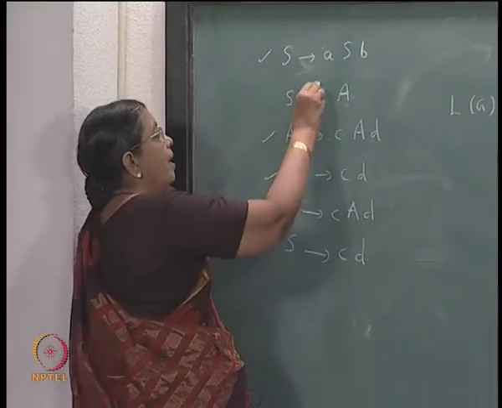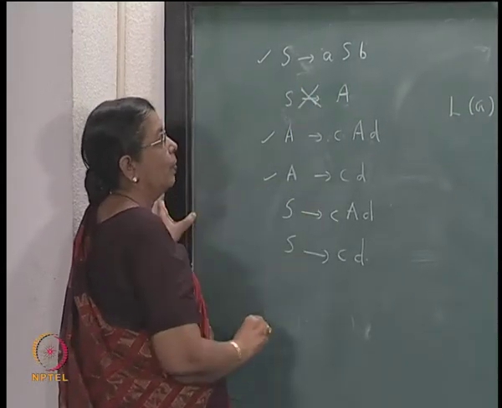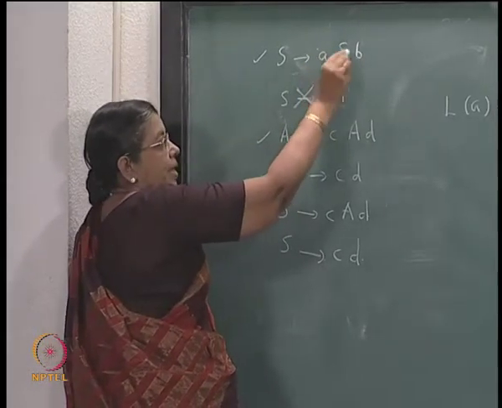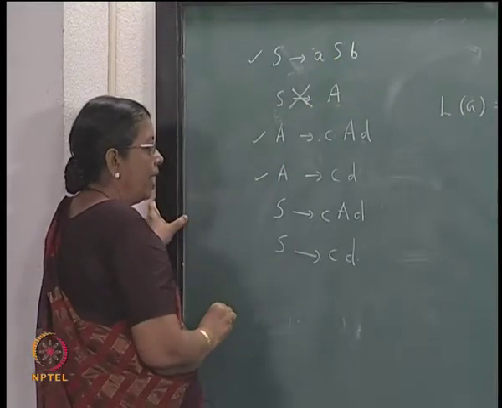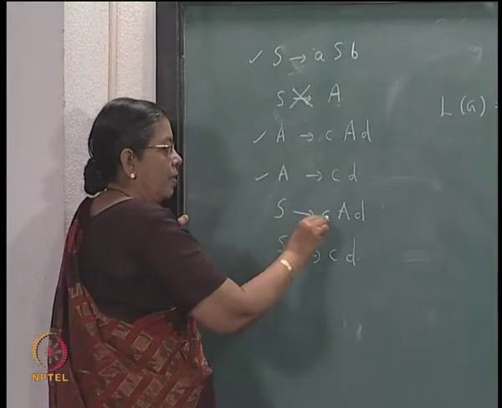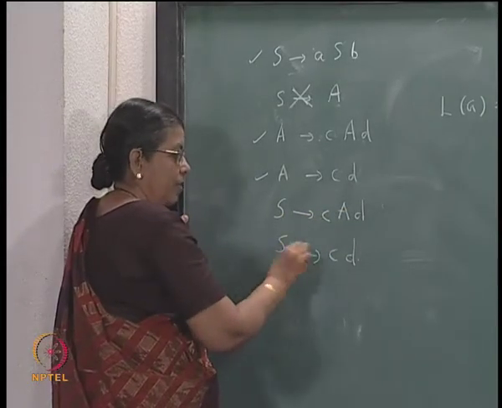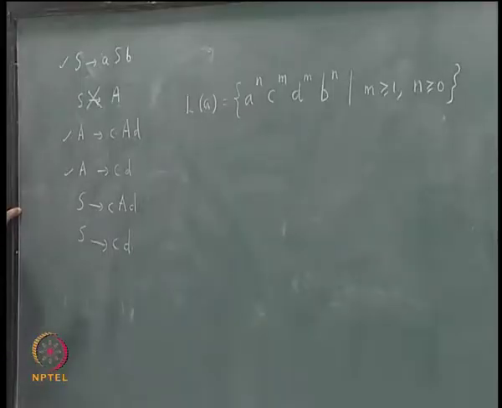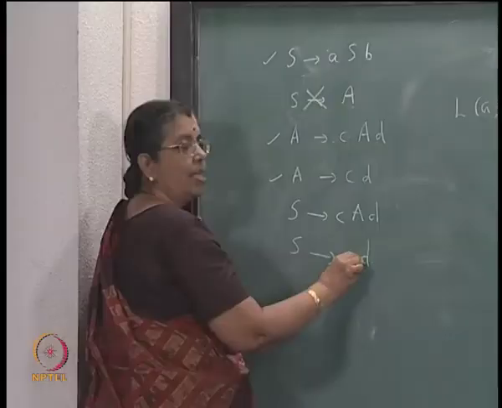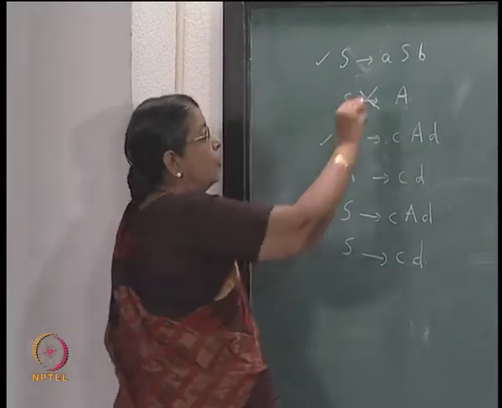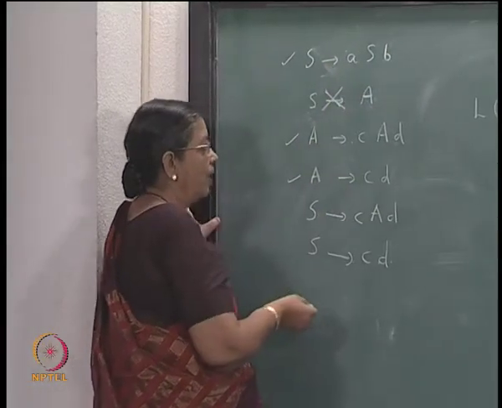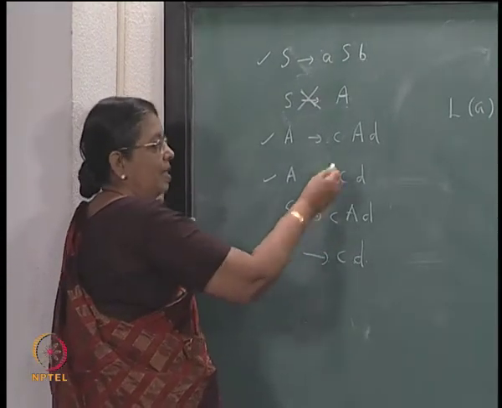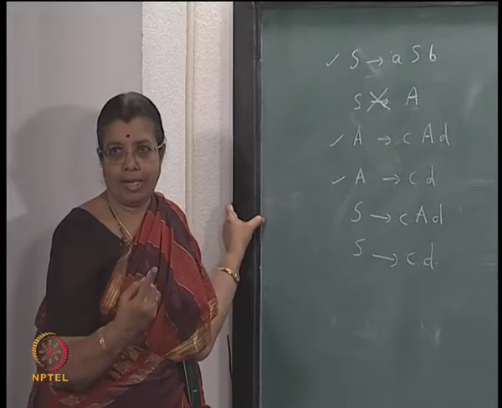Now, look at the grammar without this rule, but adding these 2 rules. You will see that any equal number of A's and B's can be generated using this rule. Then you can go from S to this or S to this. You see that at least one C and one D must be generated. Use this many times, then use this, one CD will be generated. Use this many times, as many times you want, and then use this once, and then you will get C squared D squared.